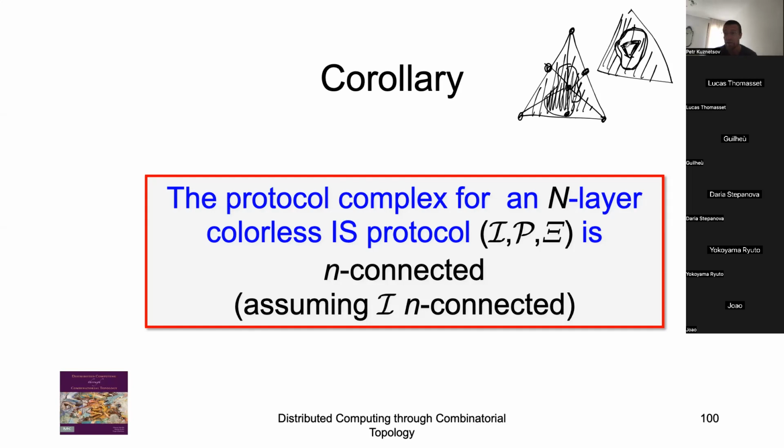The corollary to the previous theorem would be that the protocol complex for an L layer colorless immediate snapshot protocol is n-connected, because if I is n-connected, so we always deal with n-connected simplices, then under subdivision the protocol complex remains n-connected.